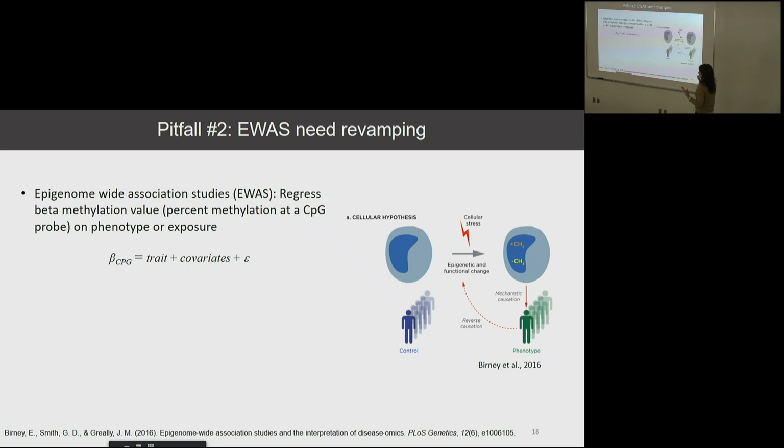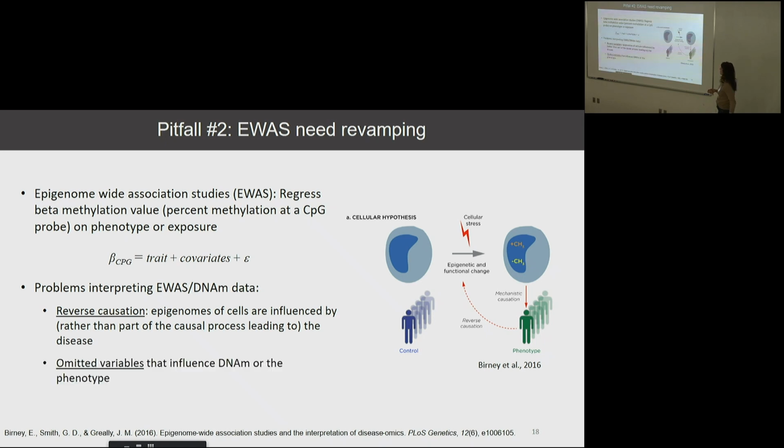But this is where I think EWAS gets really sticky and not as helpful, because of issues of reverse causality and also omitted variable bias. There could be some sort of change that happens in the environment that might induce some sort of epigenetic change that causes some sort of disease. But then the disease itself can also induce epigenetic changes.